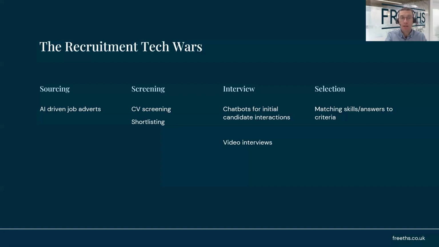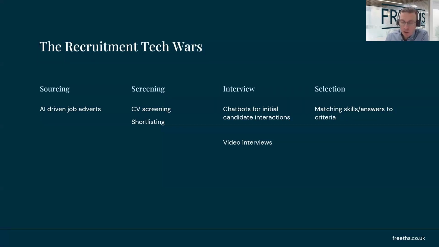Then we look at screening candidates, CV screening and shortlisting, again, can be done by AI. Interviews and candidate interactions done by chatbots or video interviews, and then also selection, matching people's skills, answers to criteria, answers to interview questions. So AI has the potential to make the recruitment process cheaper, save money, and potentially make it more effective, and potentially create better and fairer results.